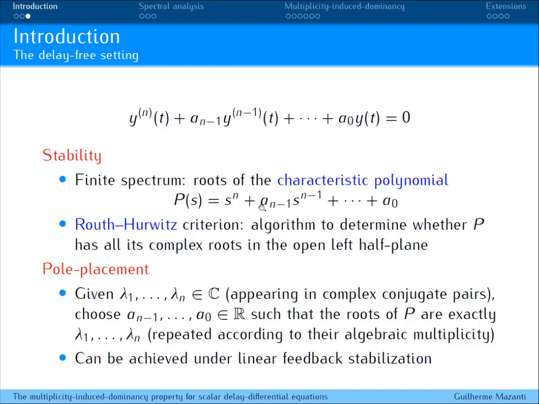And for the pole placement point of view, the idea is that if I take any set of n complex numbers that appear in complex conjugate pairs, so if I take one complex number, I must take also its complex conjugate if it's not real, I can always choose my coefficients in such a way that the roots of P are exactly these roots.